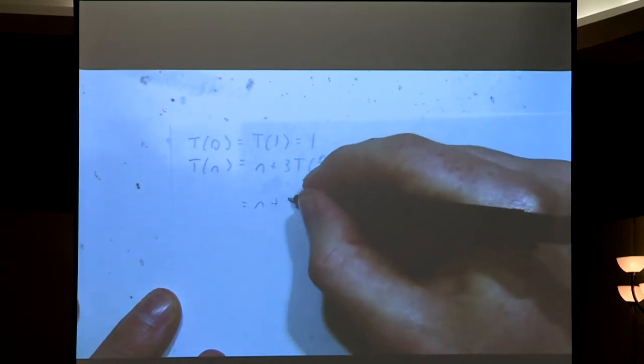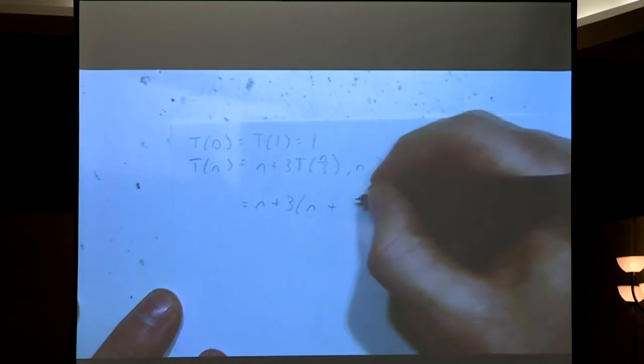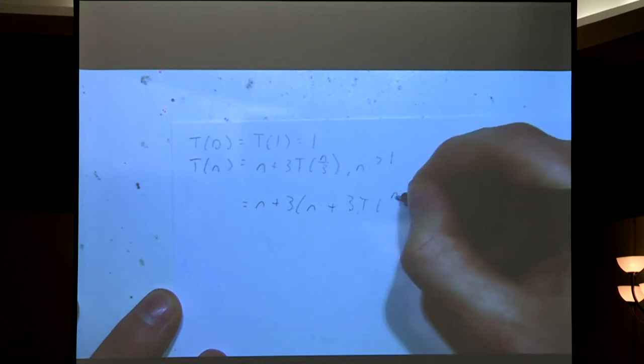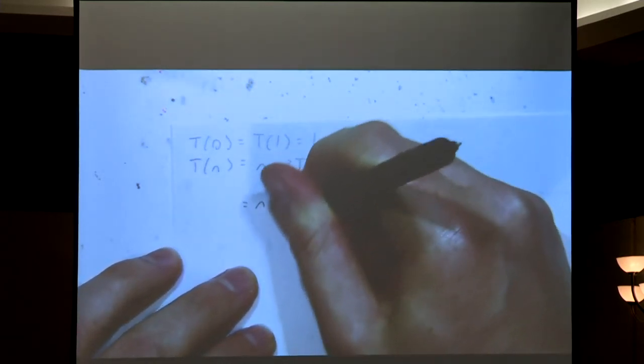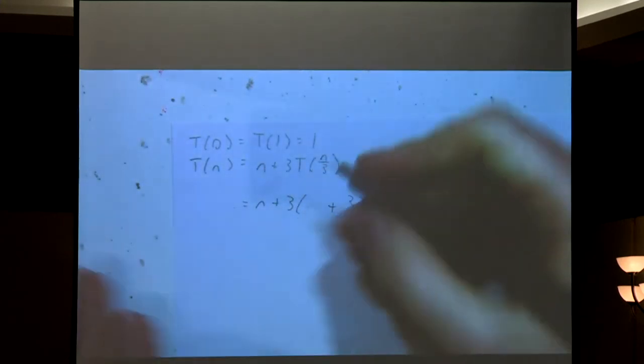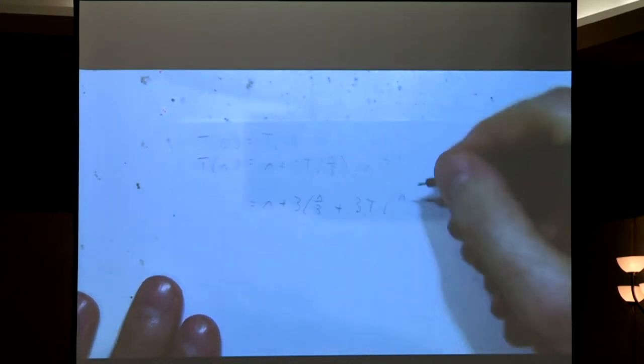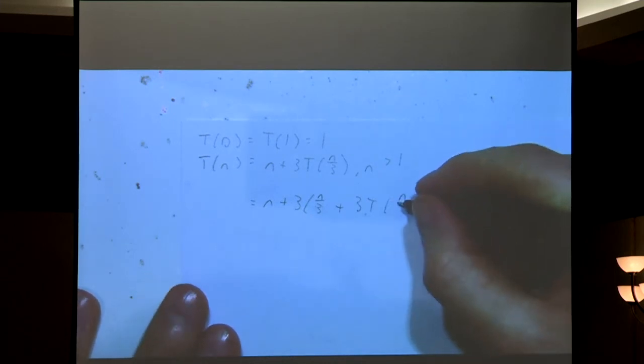So this is plus 3n plus 3T of n. Nope, not n, my bad. N over 3. N over 9.